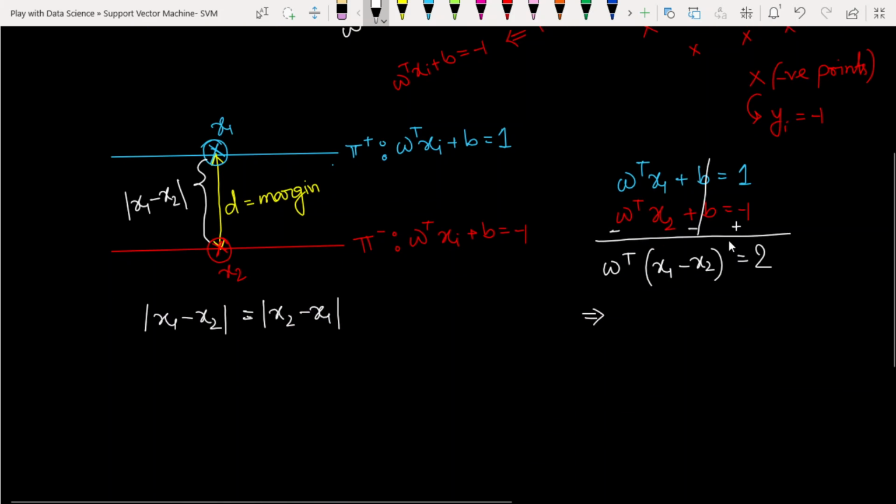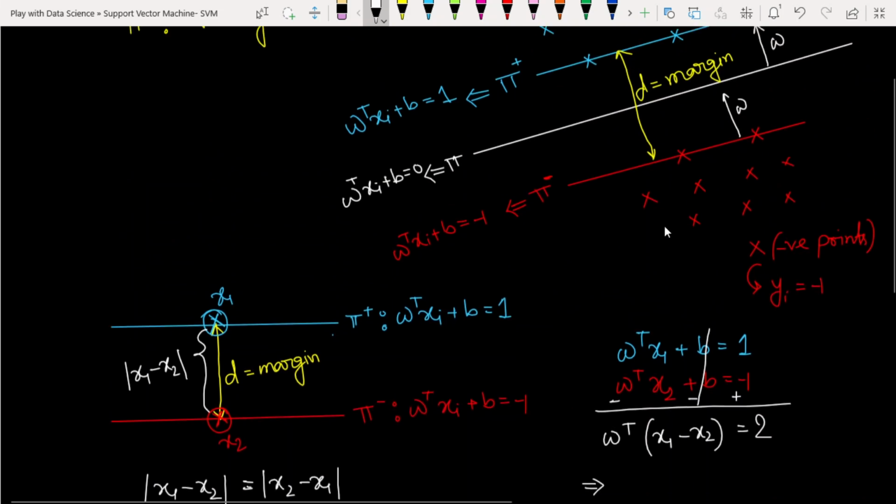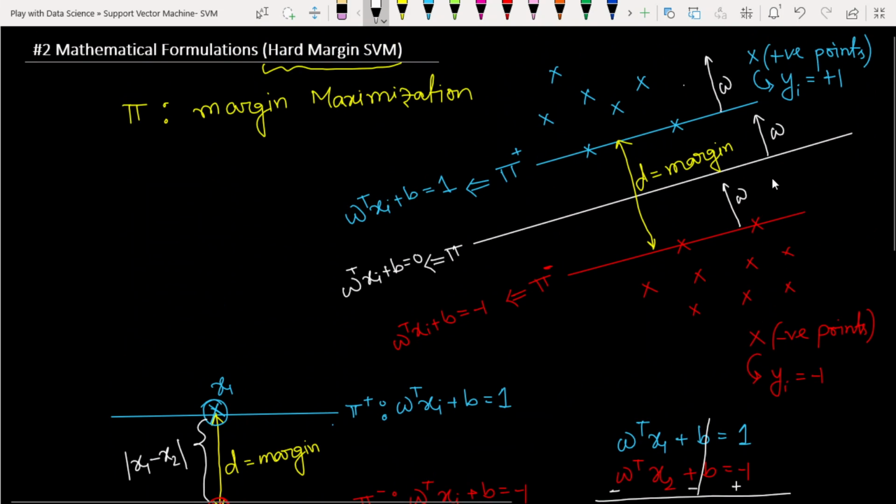I think till now it is clear to all of you. And we declare that our w is not a unit vector, it is simply normal to our plane pi.